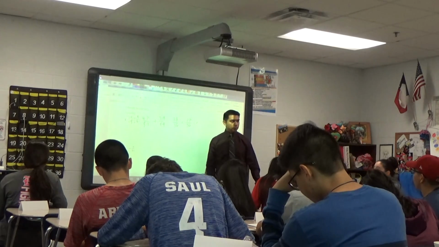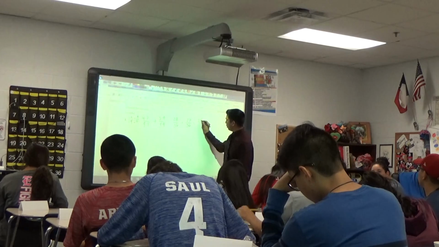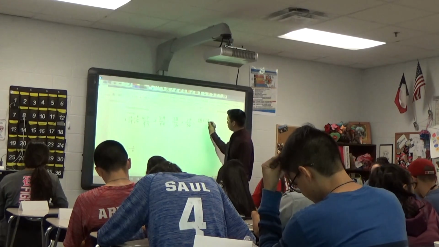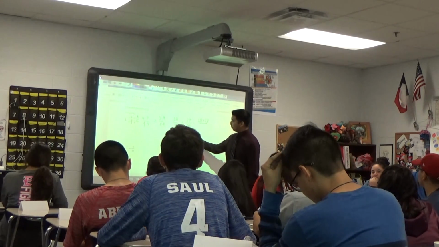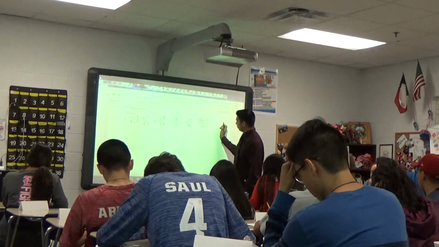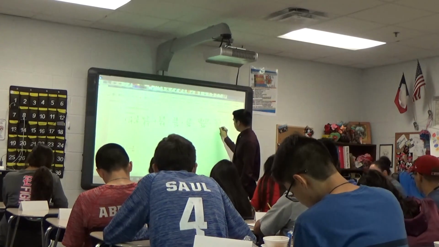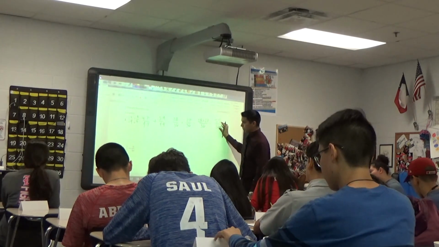What do you do now, Raymond? You add 28 plus 27. Okay. 28 plus 27. And because the denominators are the same, we keep the denominator. And that equals 55 over 36. Can we simplify this?